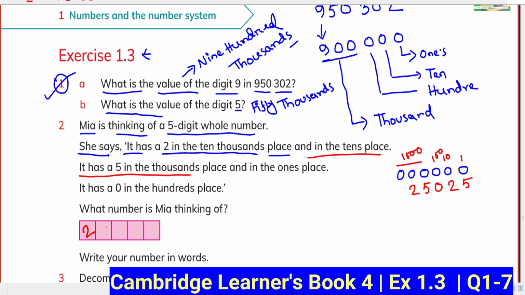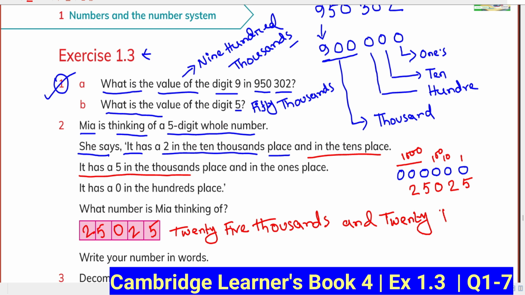Here is a 2, 5, 0, 2 and 5. So we can write this one as 25,025. Right? Done. So questions 1 and 2 done.